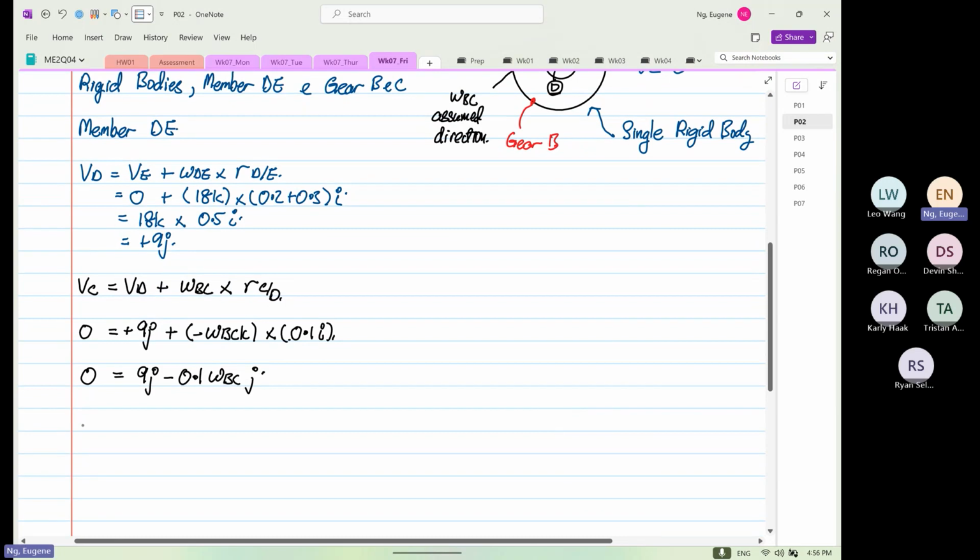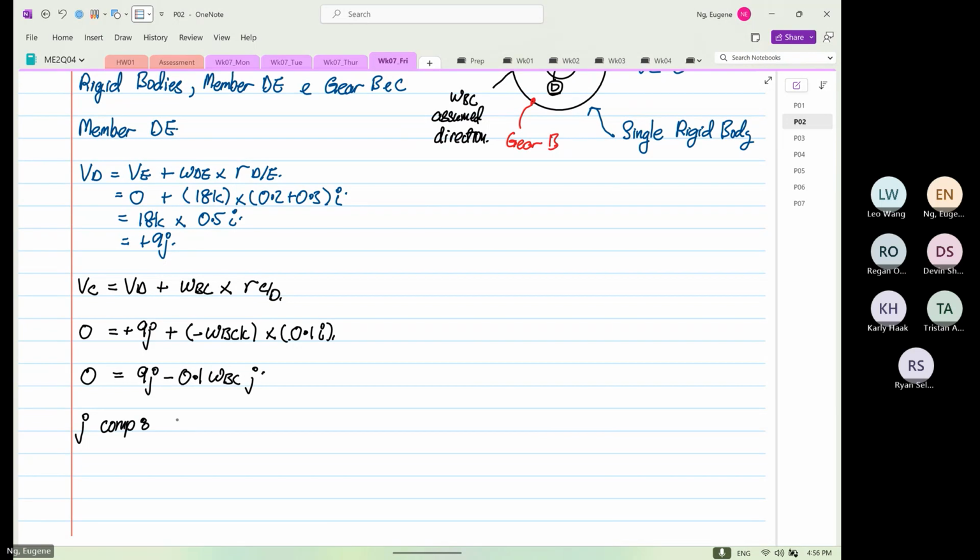So in terms of J component, 0 equals 9 minus 0.1 omega BC. Omega BC is equal to 9 divided by 0.1, and this gives us positive 90 radians per second.